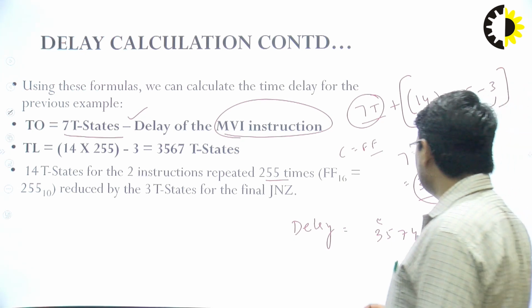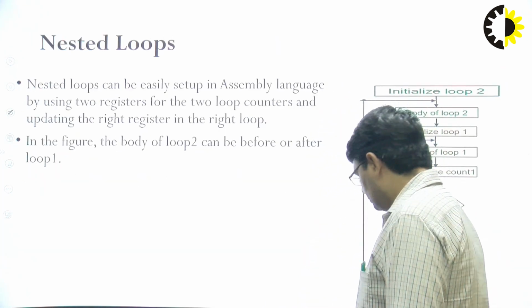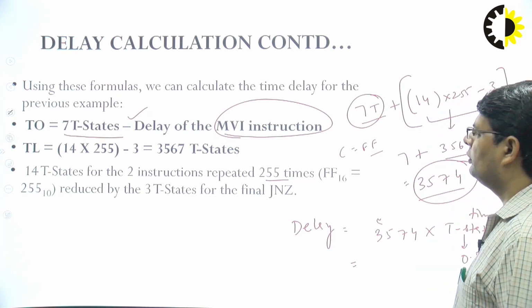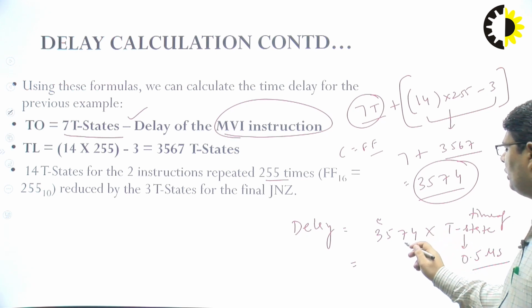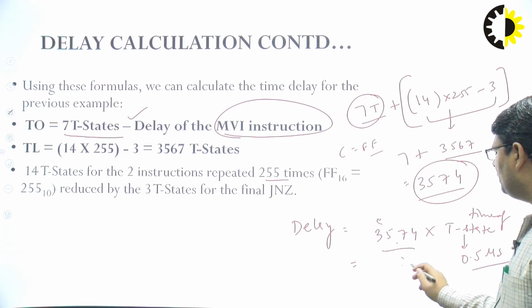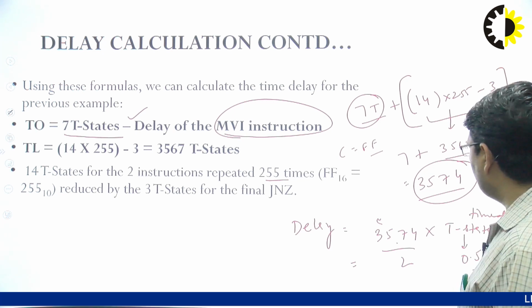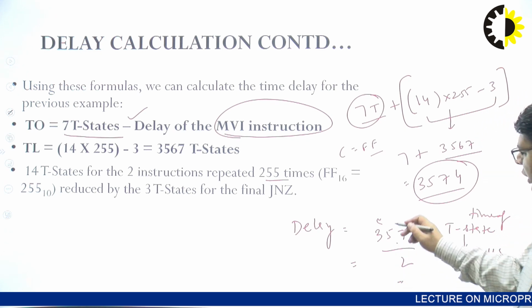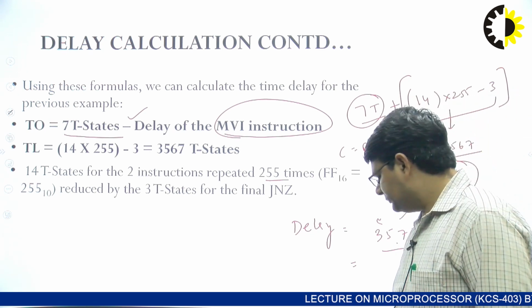So the delay generation can be computed by dividing this by 2. So here we can calculate the delay using the 8085.